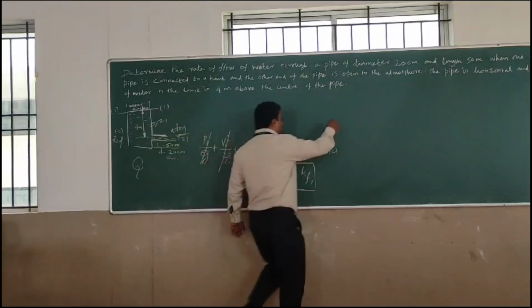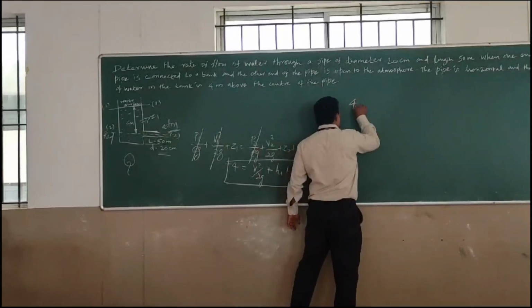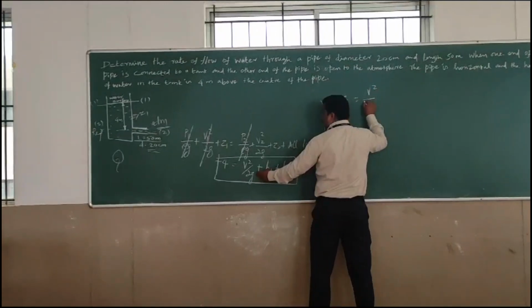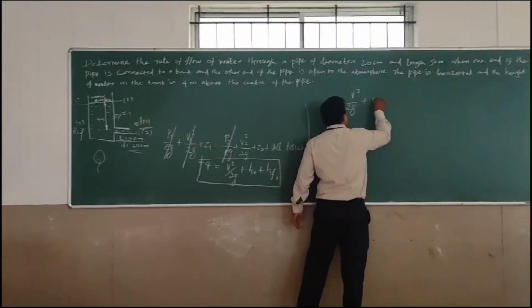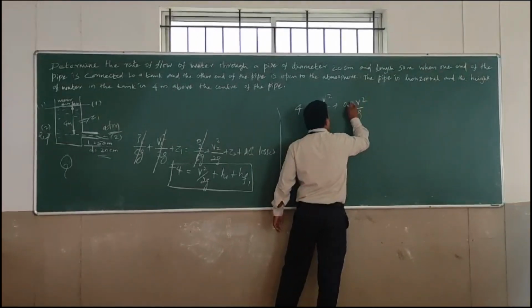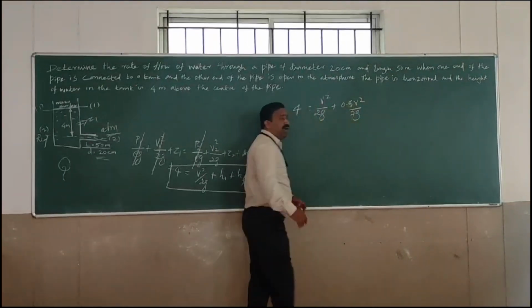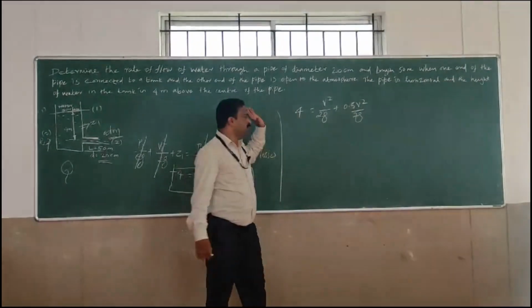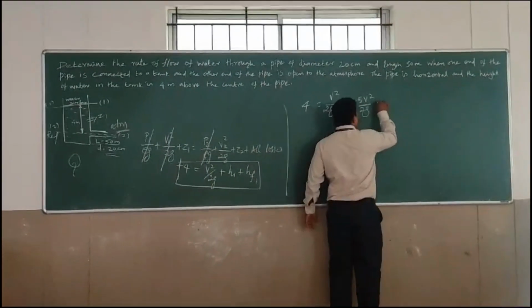Therefore, 4 equal to, what is the formula for hi? hi will be 0.5 v squared by 2g. Here v1 equal to v2, so I am taking all as a symbol v. Then what is the formula for the major losses?